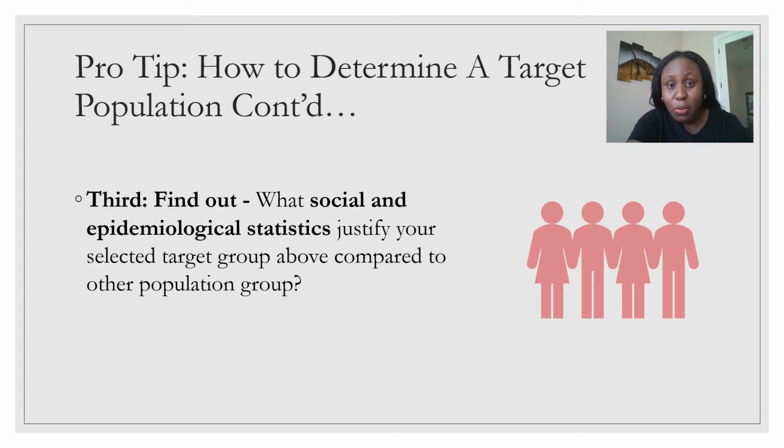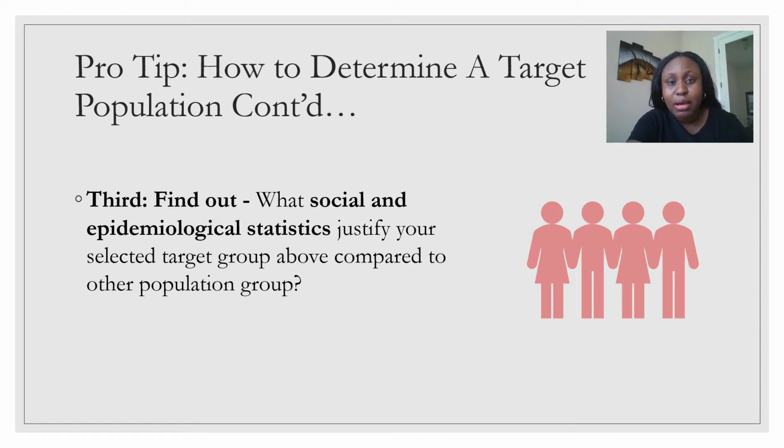You need to go on the web and figure out what statistics justify your interest in focusing on women other than men. Are women better than men? Maybe, maybe not. But my point is, you just need to get on the website and get some statistics. There are a lot of them out there regarding your target population.